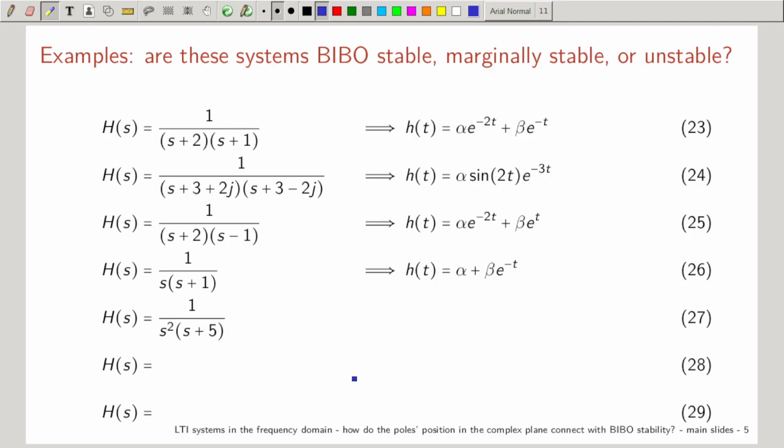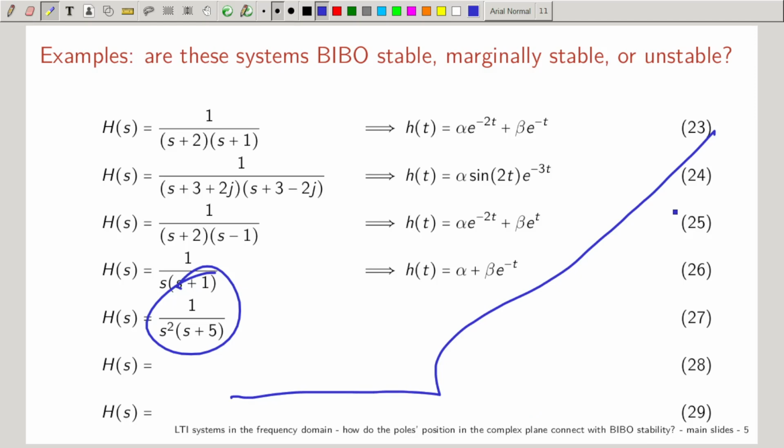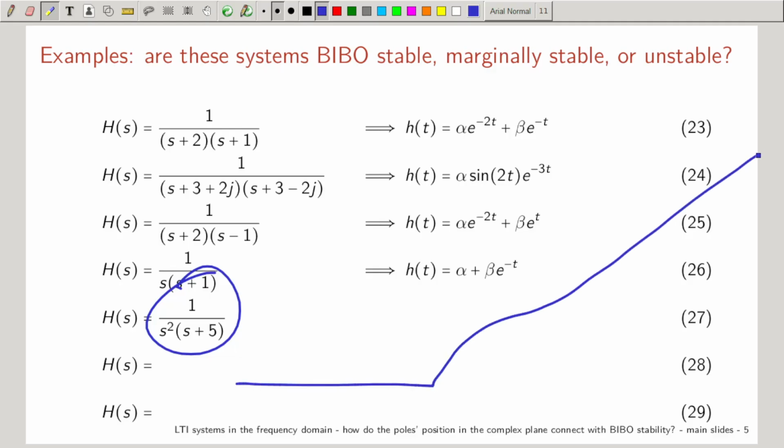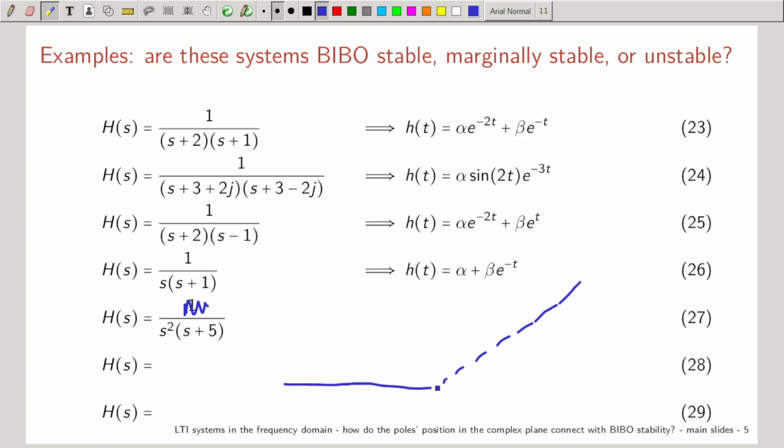BIBO stable? Definitely not. This one, how does it look like? It's drawn in a bad way, but you got the point. We have the ramp, and then we have an exponential on top. Okay? Actually, depending on the numerator, we might also have something that looks like this. Okay? Depending on whether the mode associated to this one is a plus or minus.